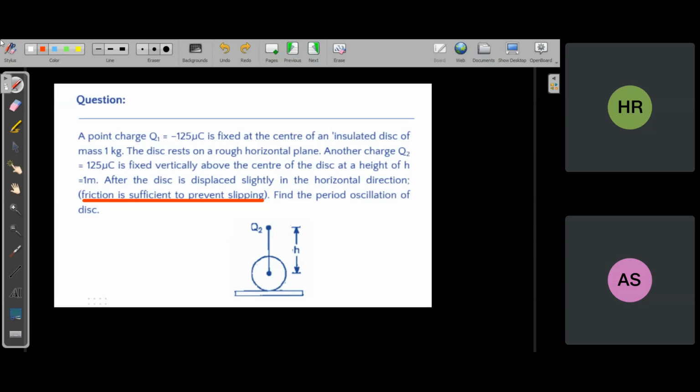Think about this question, try this question, and apply all the concepts of electrostatics and SHM.